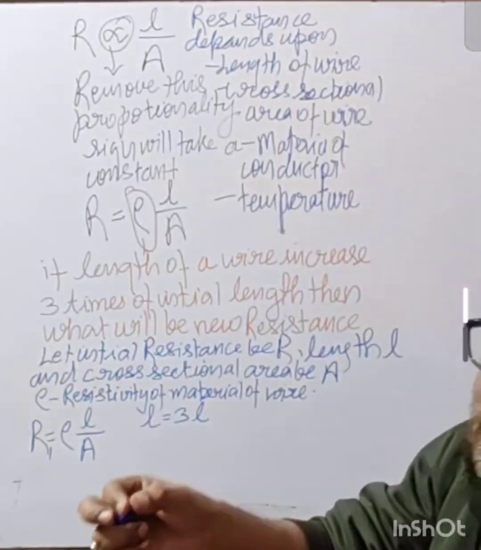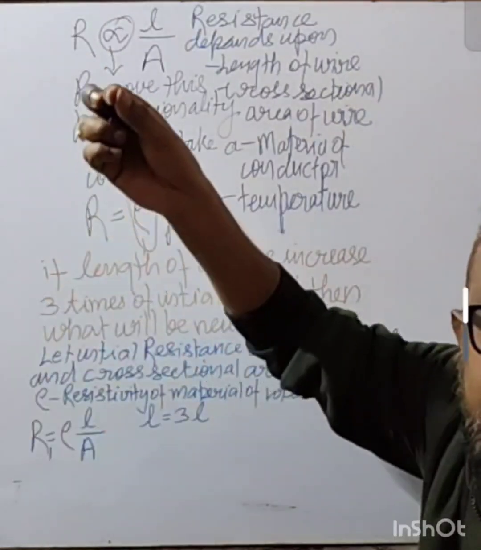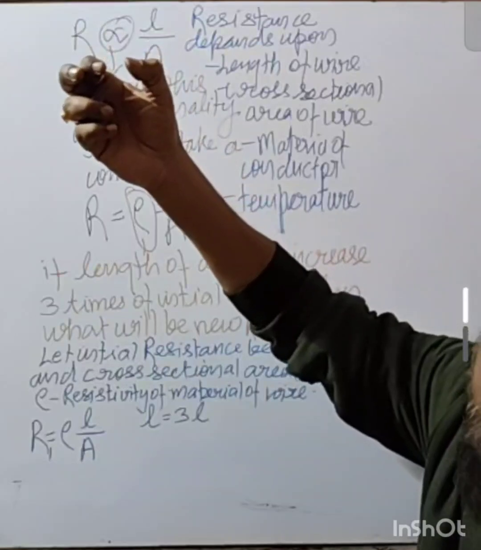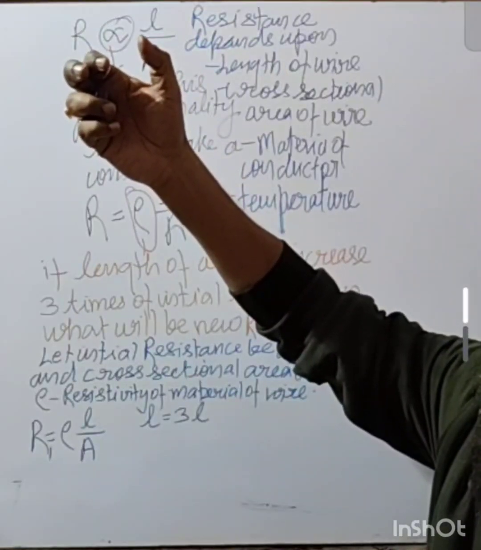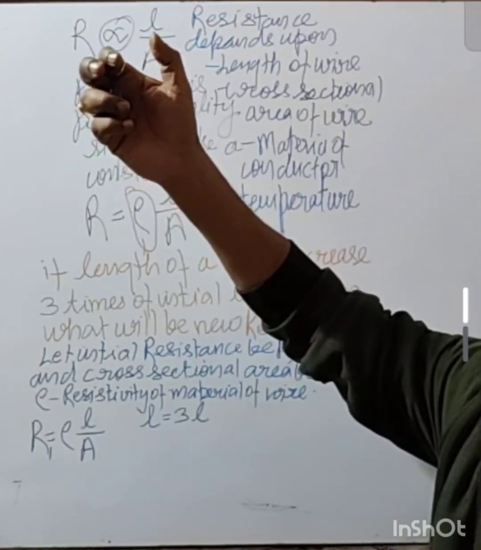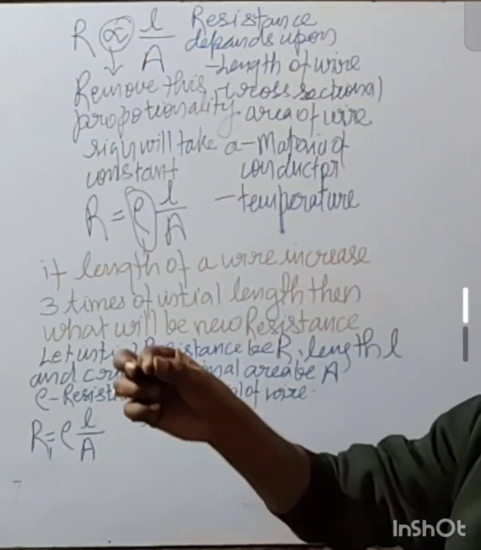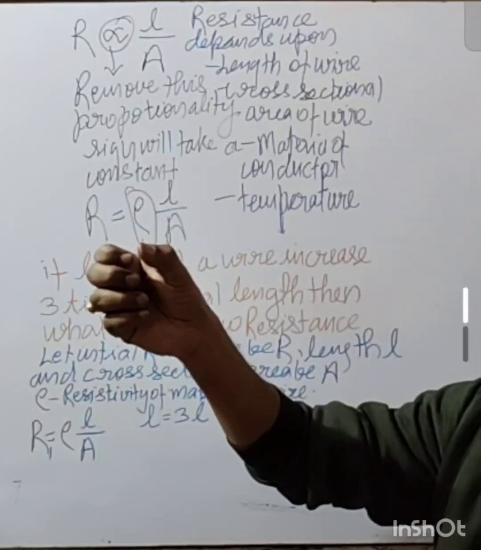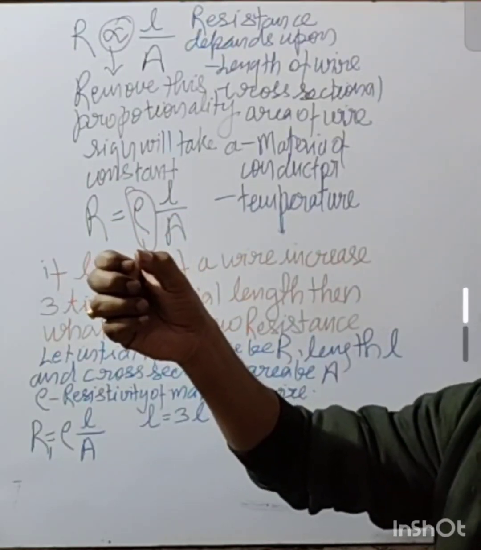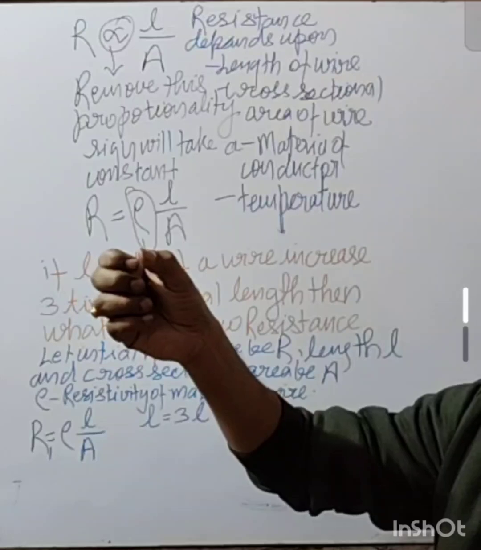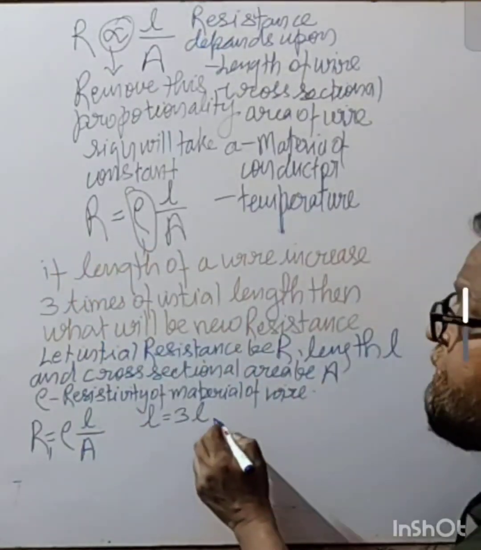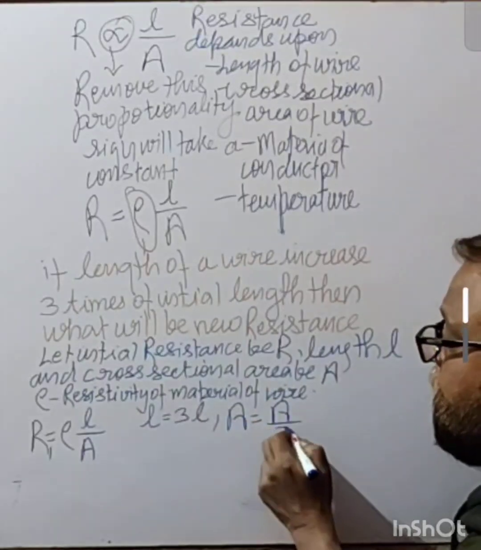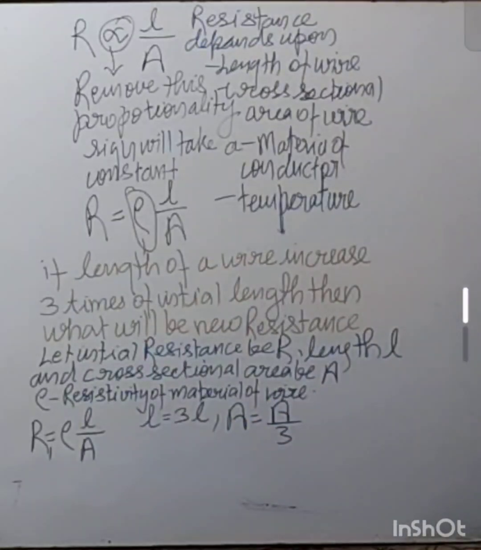When you stretch a wire, its cross-sectional area is reduced. When length is increasing, cross-sectional area decreases, right? So its cross-sectional area becomes A by 3.